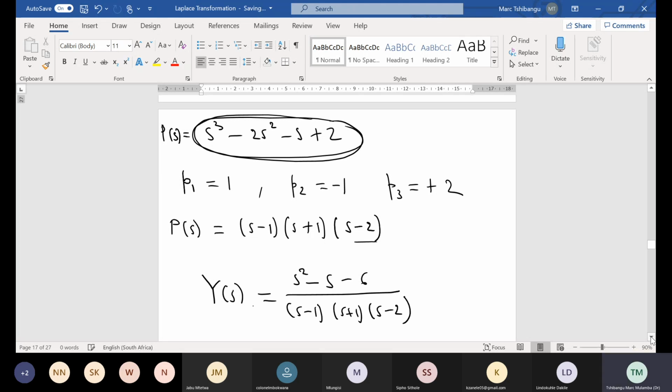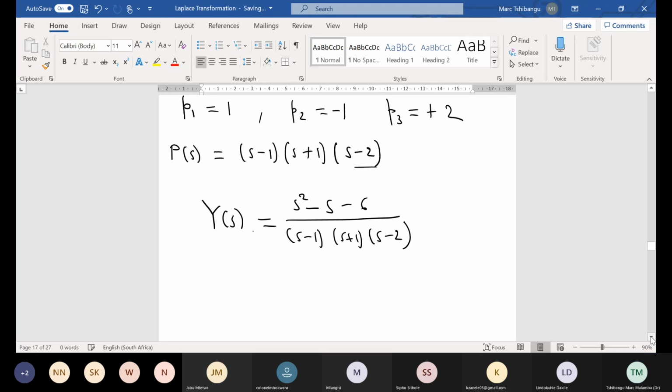Now we're going to apply step 1 in full. We're going to expand into partial fractions.